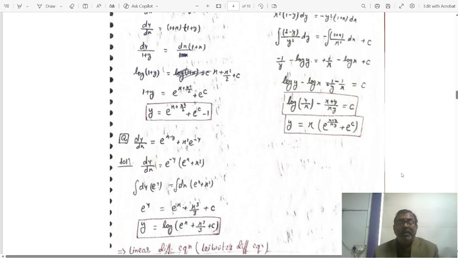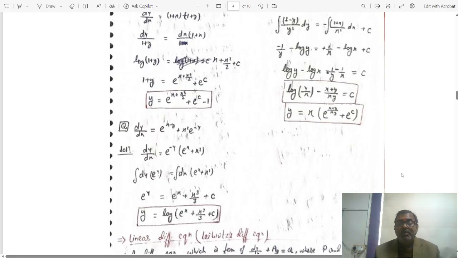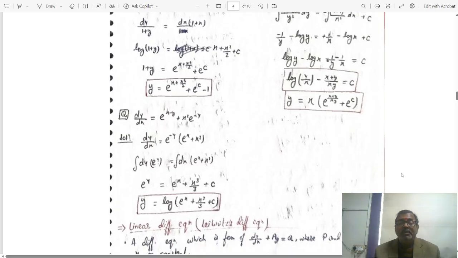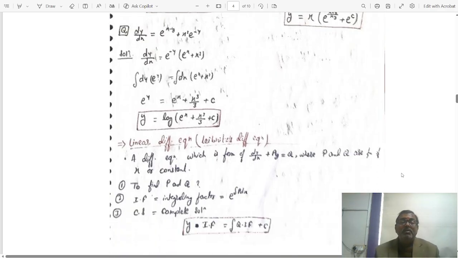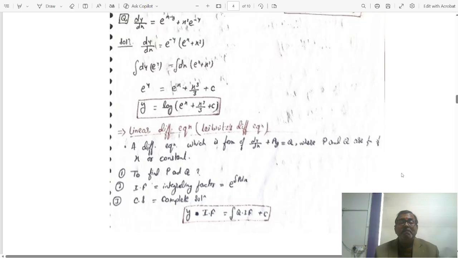On integrating, we get e^y = e^x + x³/3 + c. Taking anti-log on both sides, we get y = log(e^x + x³/3 + c). That is the required solution. So that is more examples of variable separable methods.